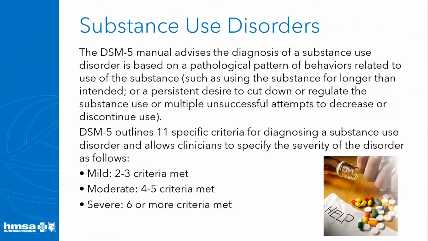In total, the DSM-5 outlines 11 specific criteria for diagnosing a substance use disorder and allows clinicians to specify the severity of the disorder. This would be mild when 2 to 3 criteria are met, moderate when the patient meets 4 to 5 of the criteria, and severe if 6 or more of the criteria are met.